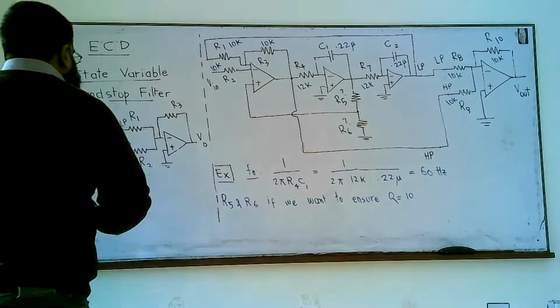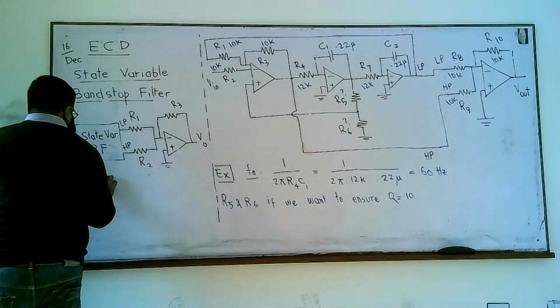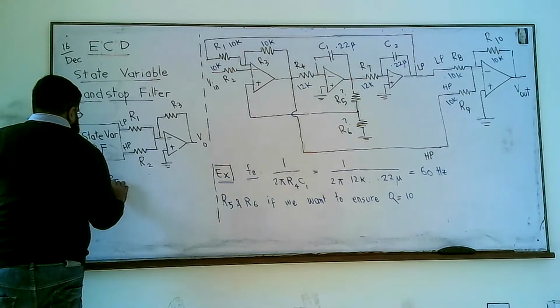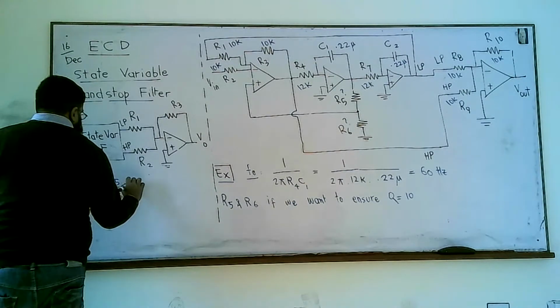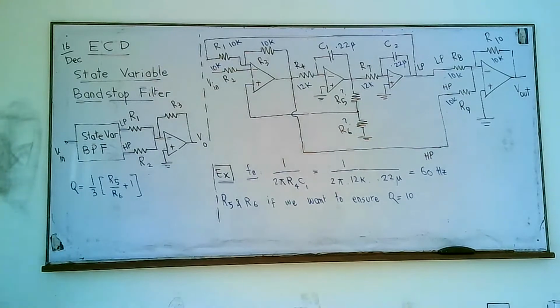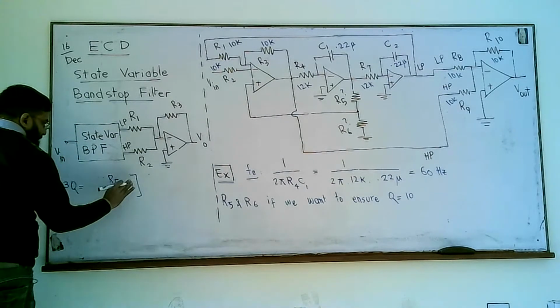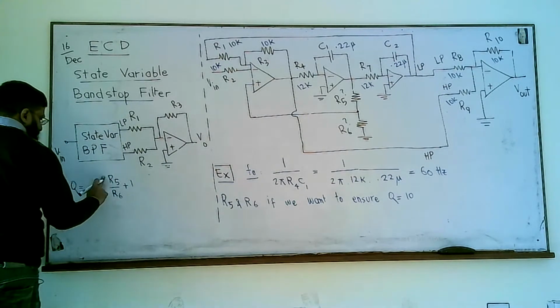It's easy because we know that Q is 1 over 3 times R5 over R6 plus 1. We have already studied this. So we can multiply by 3 here. This becomes 3Q, this is R5 over R6 plus 1.